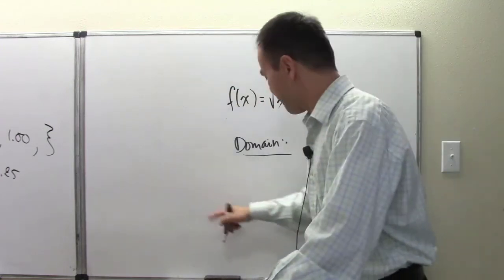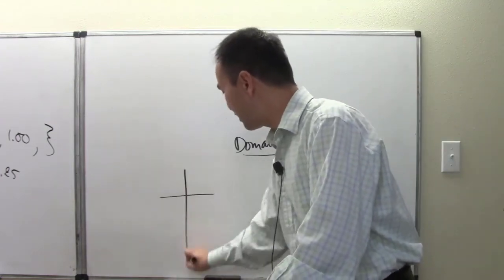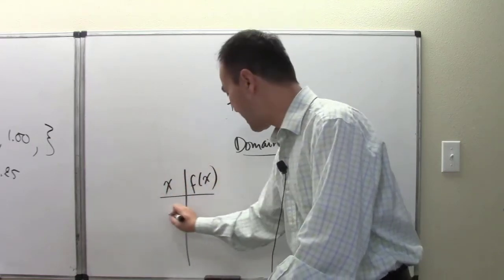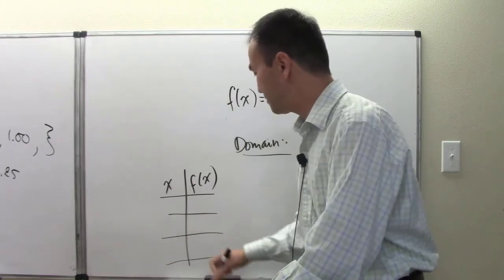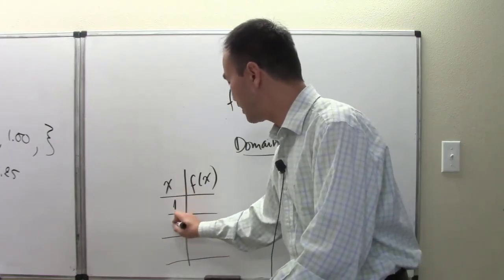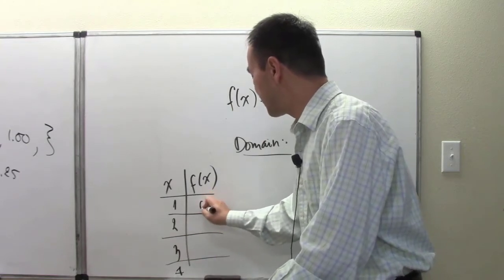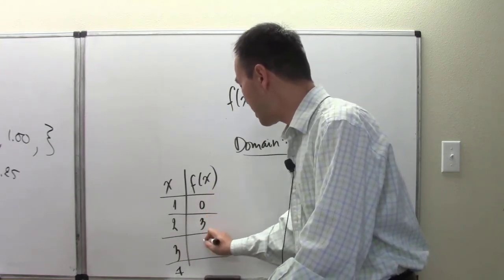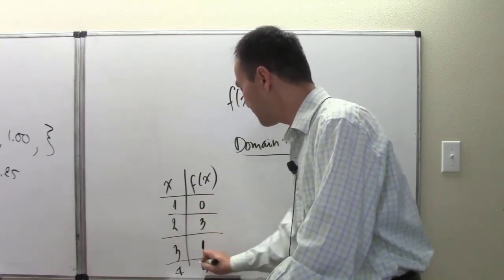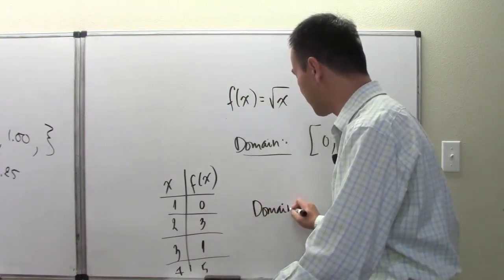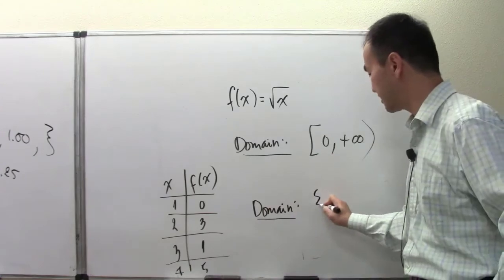And then when the function was given as a table, similar to the vending machine, we had values. For example, 1, 2, 3, 4 are the inputs, and then 0, 3, 1, 5 are the outputs. Then the only choice we can express for the domain is a set.